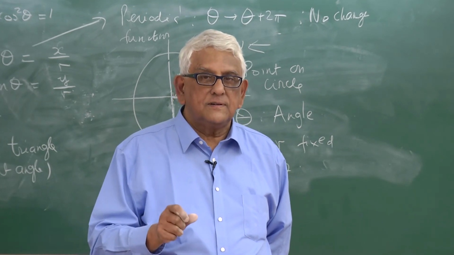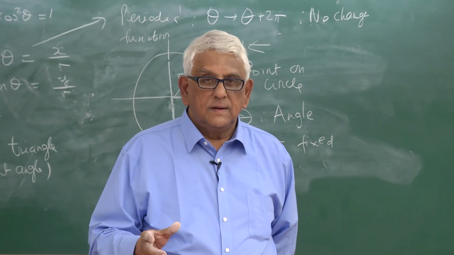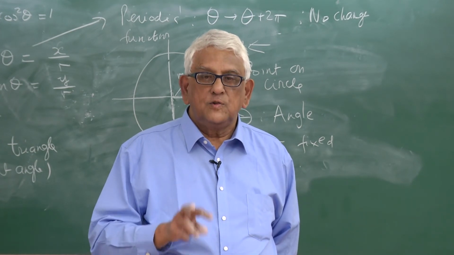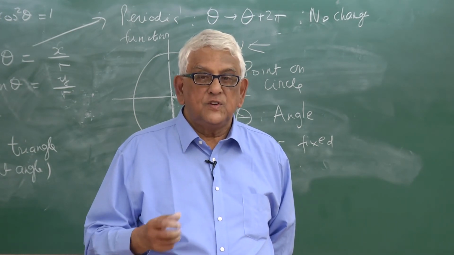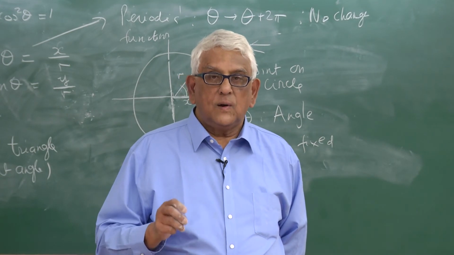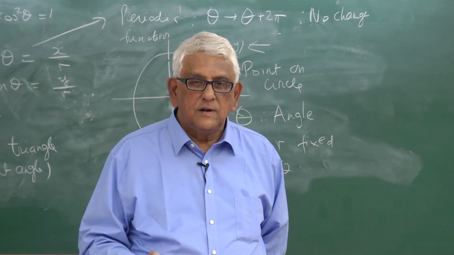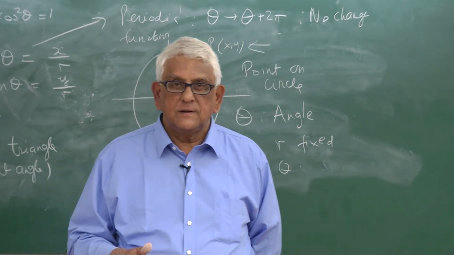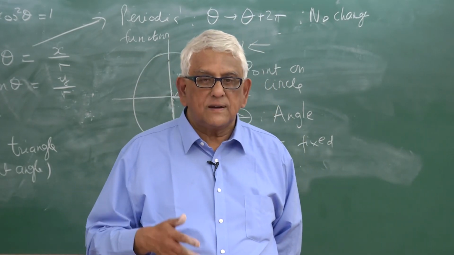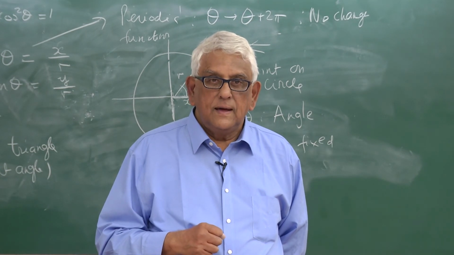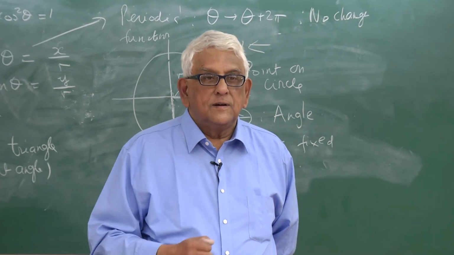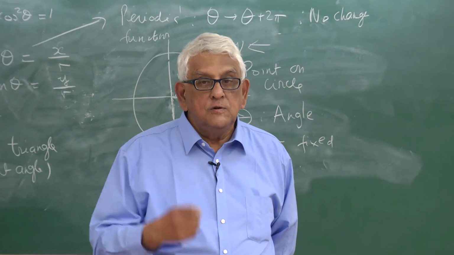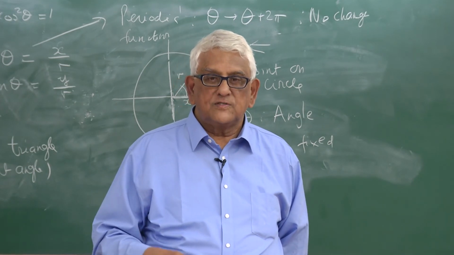Or if you subtract, you get another number. If you multiply two numbers, you get a number. If you divide, then provided you're not dividing by 0, you get a number. So these are the operations of arithmetic, where you add, subtract, multiply, and divide. For functions, there is a new operation which we will discuss next time.